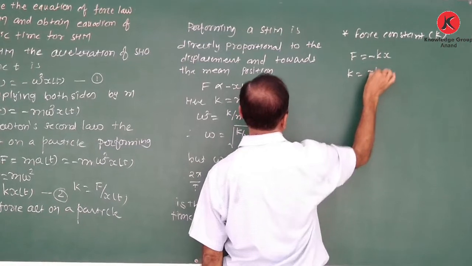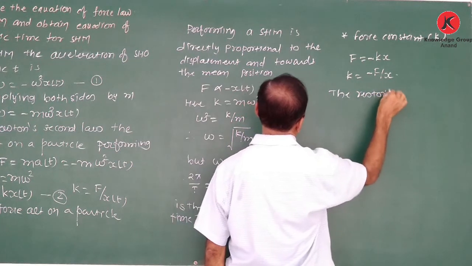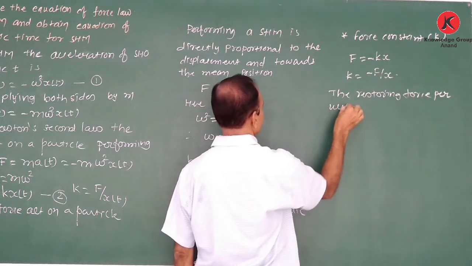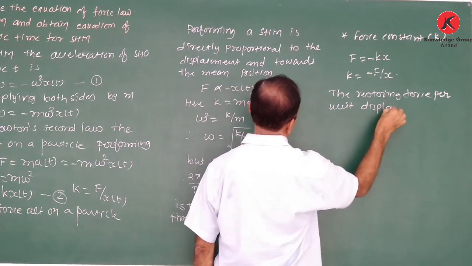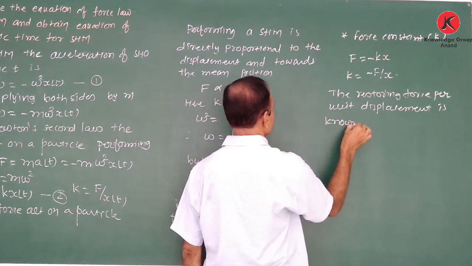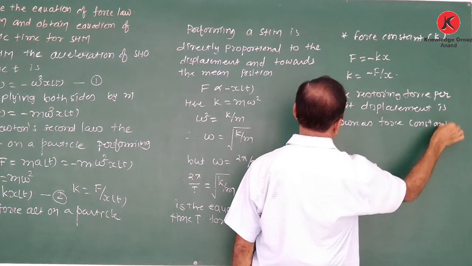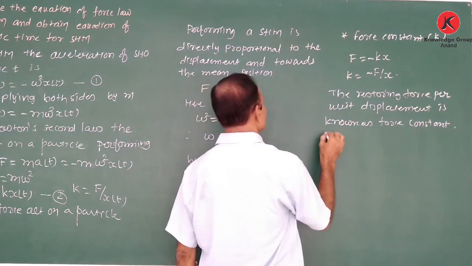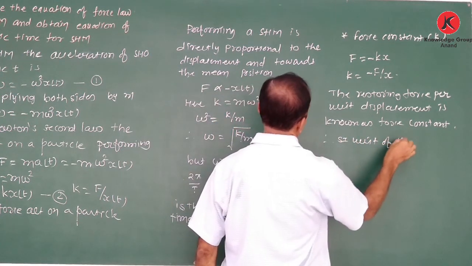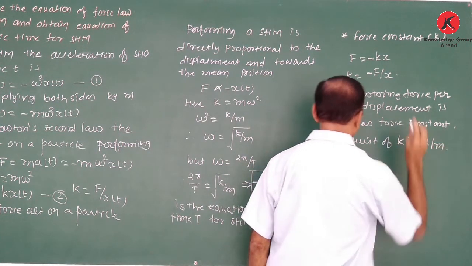Therefore, k is equal to minus F upon x. The restoring force per unit displacement is known as the force constant. Right? Therefore, the SI unit of k is Newton per meter.